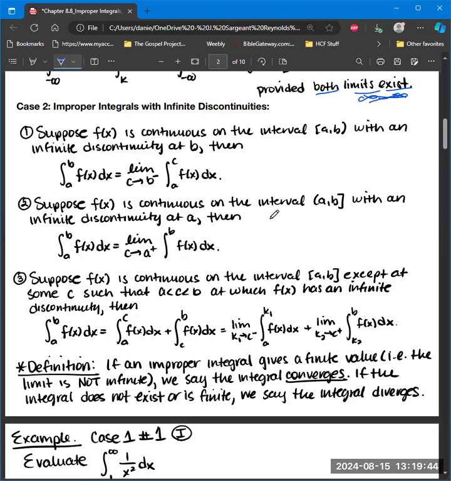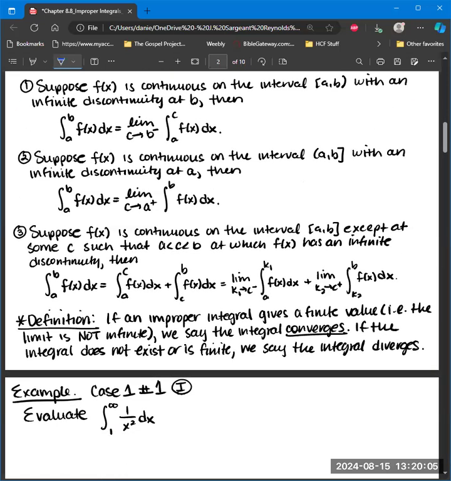We've already talked about indeterminate forms and things like that: infinity is an idea, not a number, and I can't just subtract infinity from infinity and get zero. That's an indeterminate form there. And if either part goes to infinity, we're just going to say that the integral is divergent.